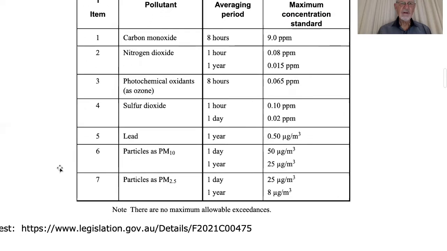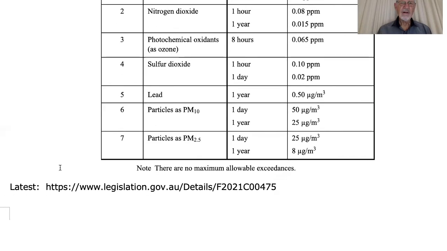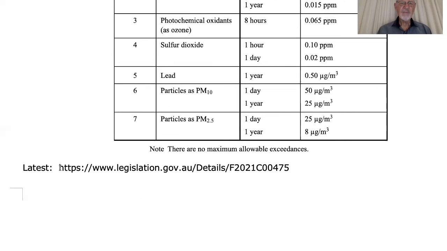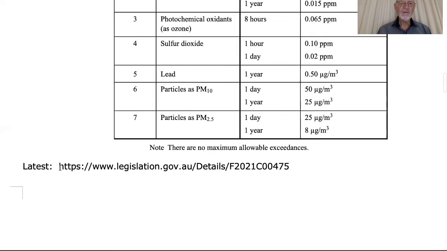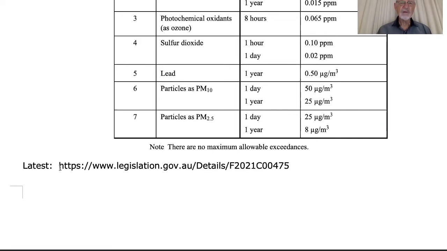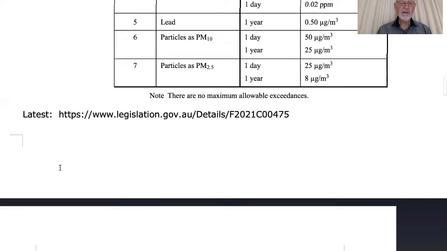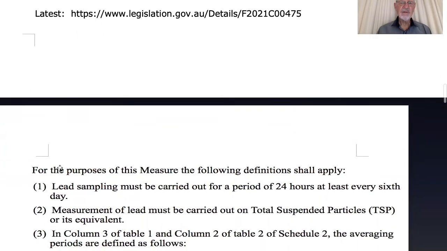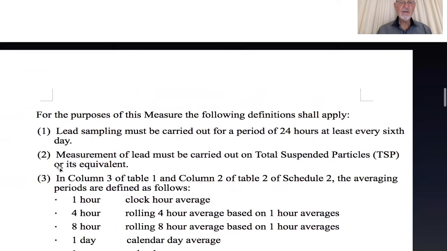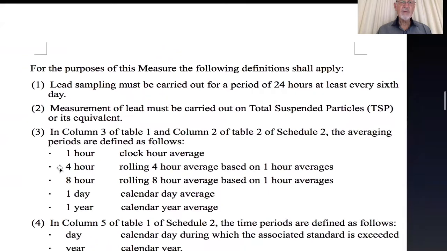So again, if you want more details, there's the reference, and this is the Australian government legislation. And I've just copied in here some of the footnotes to this table.